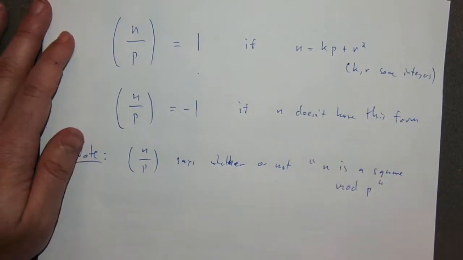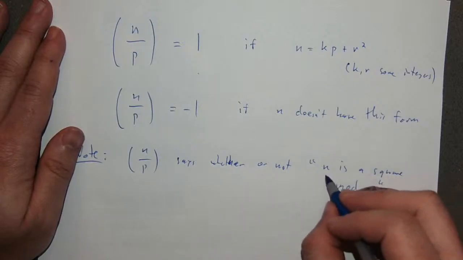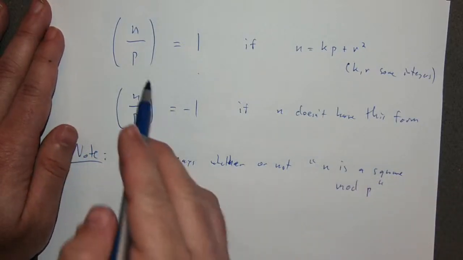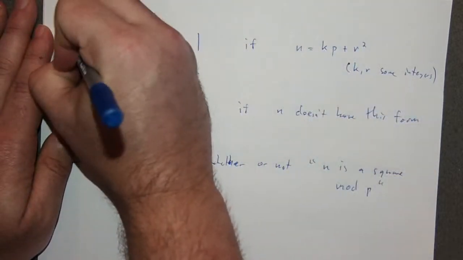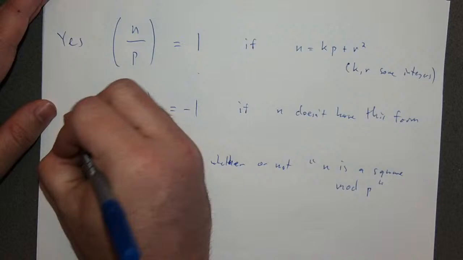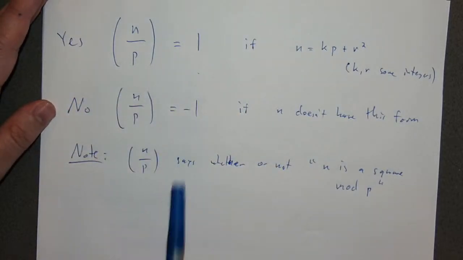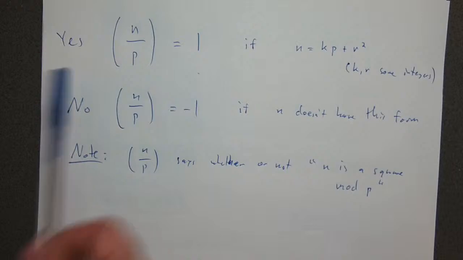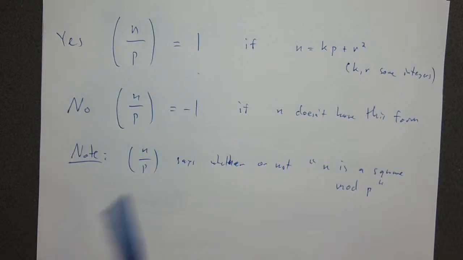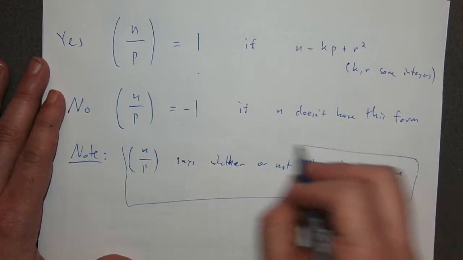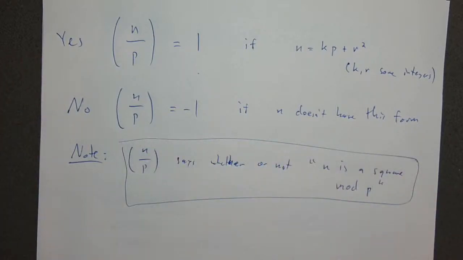And so you ask the question, is n a square mod p? If the Legendre symbol is 1, then the answer to that question is yes. If the Legendre symbol is -1, the answer to that question is no. So the Legendre symbol says whether or not n is a square mod p.